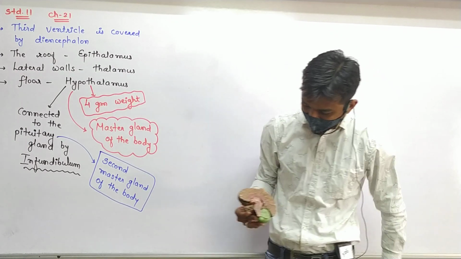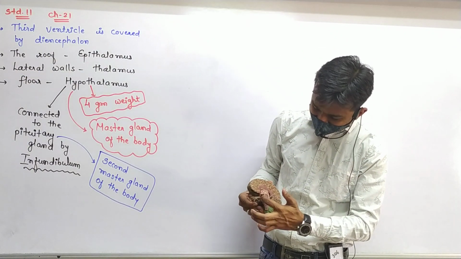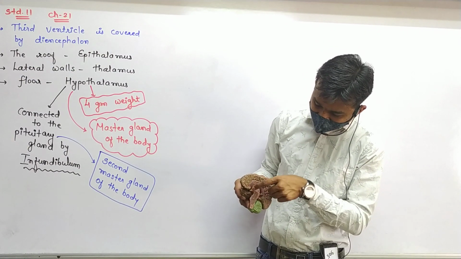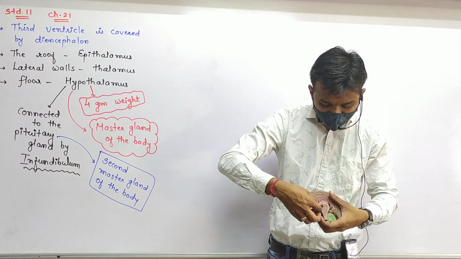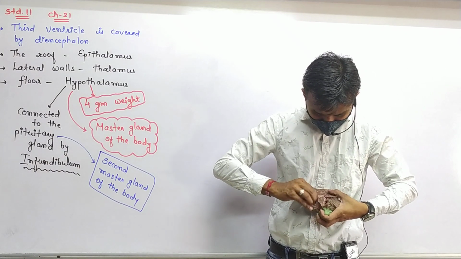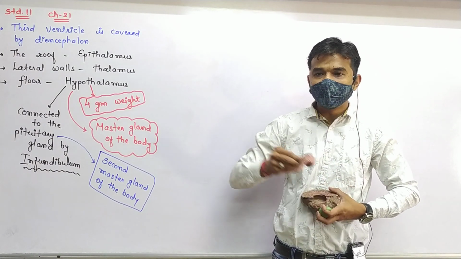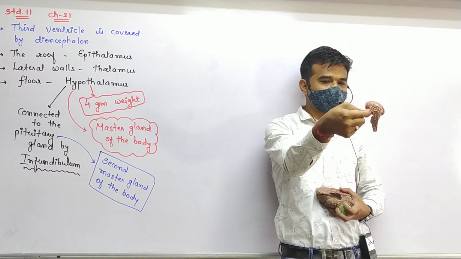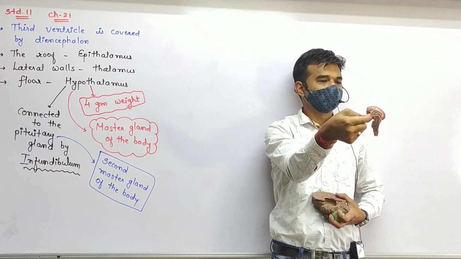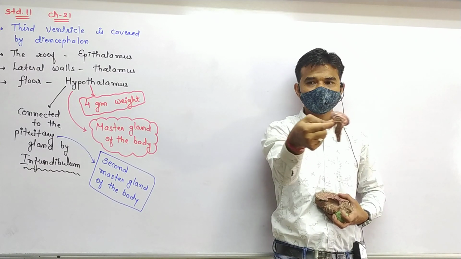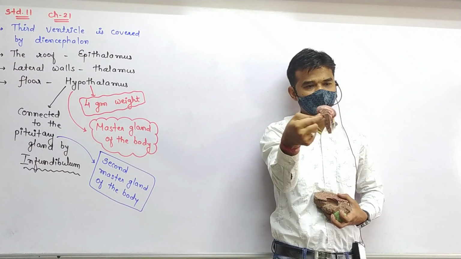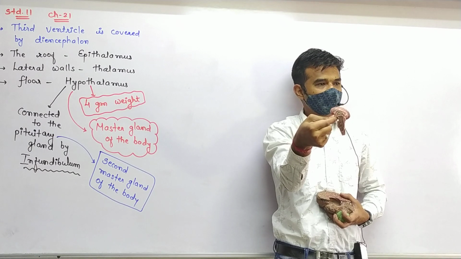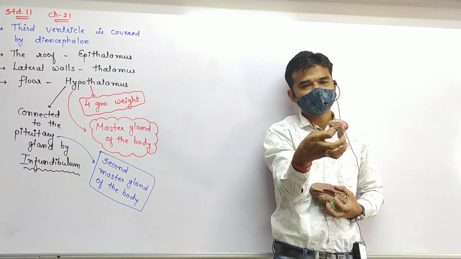Now see, here the hypothalamus is there. The hypothalamus is connected to the pituitary gland. I hold the pituitary gland here, and it is connected by a stalk-like structure.